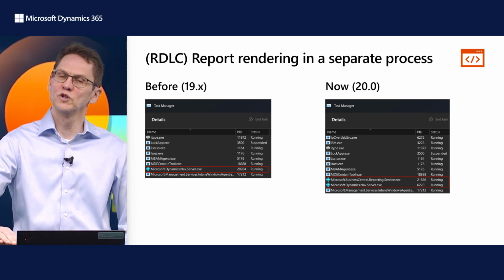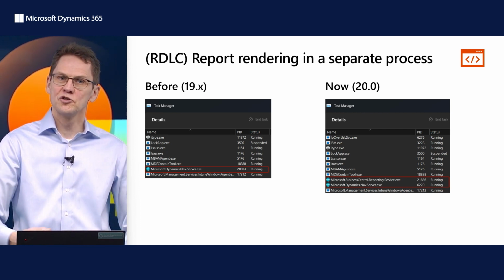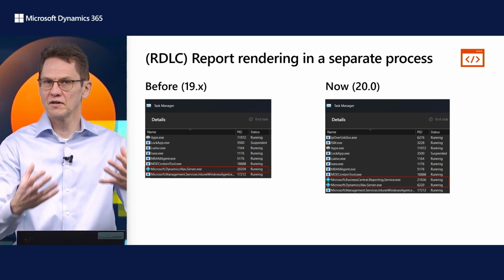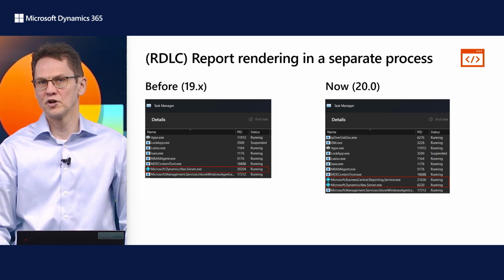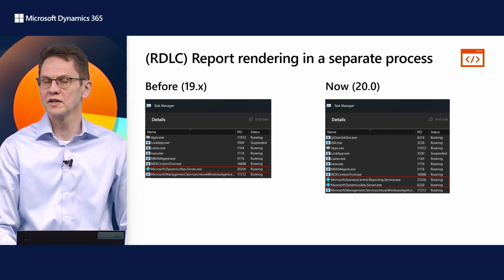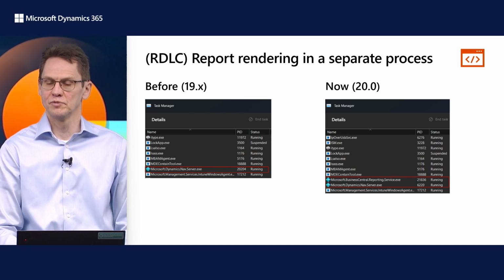The child process will get restarted automatically, so normal sessions will just continue to work regardless of this reporting process having crashed. So this will improve the stability of the product when we have very large reports.